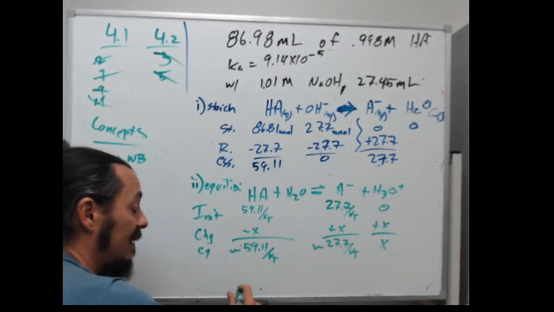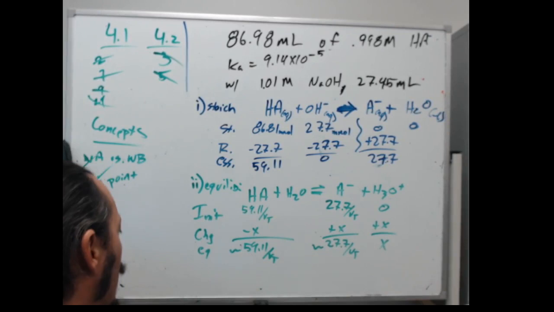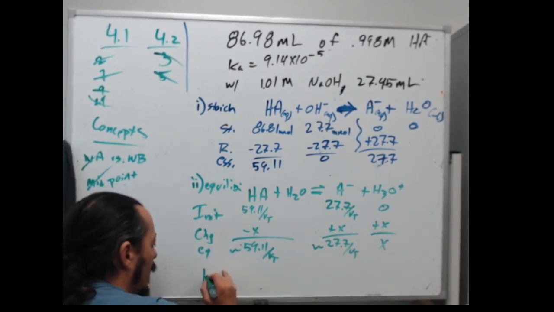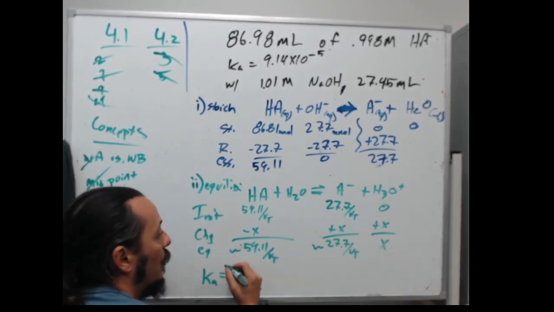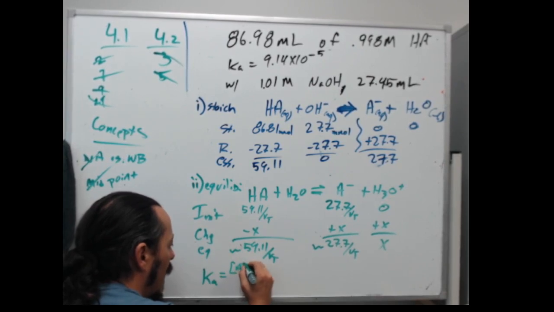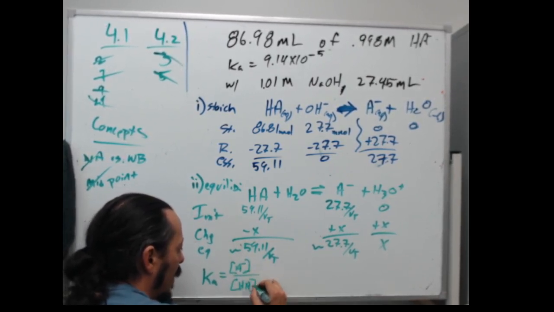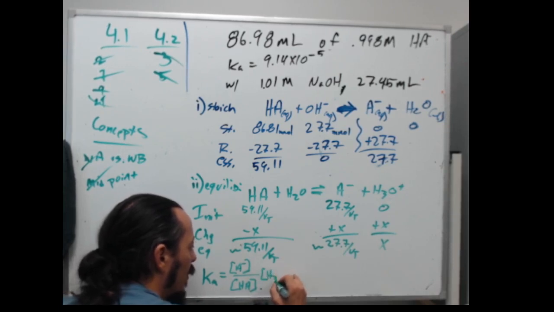Now, when I plug this into the Ka expression, Ka is equal to the concentration of A minus divided by the concentration of HA, times the concentration of H3O plus.